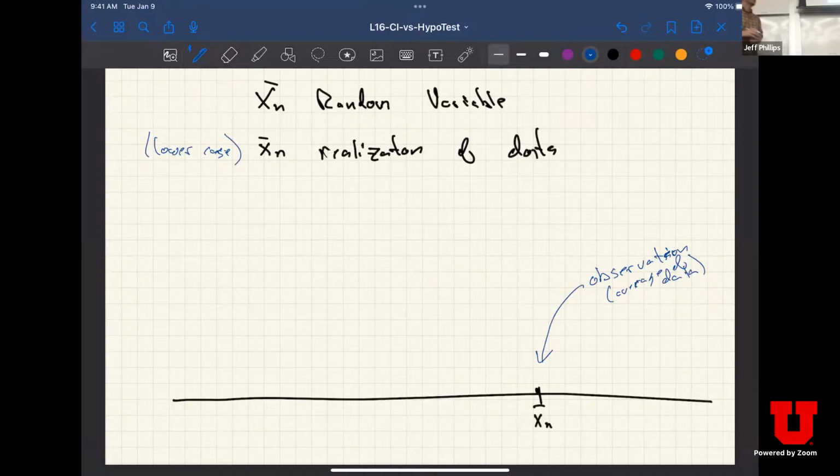I took a bunch of observations and I took their average. So in any case, this is the realization. And there's another point on here, which is the true parameter.